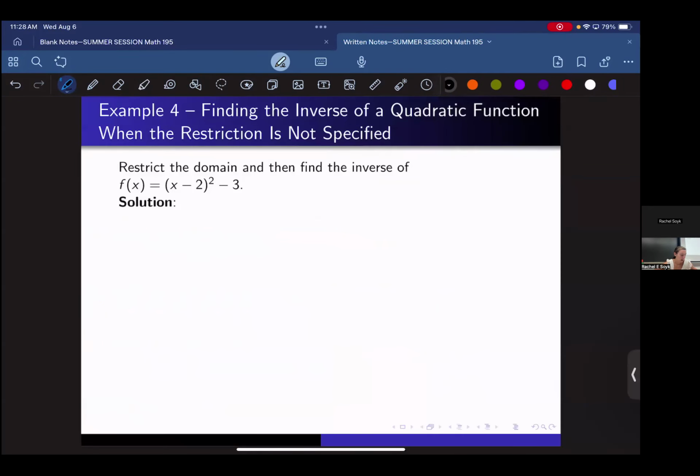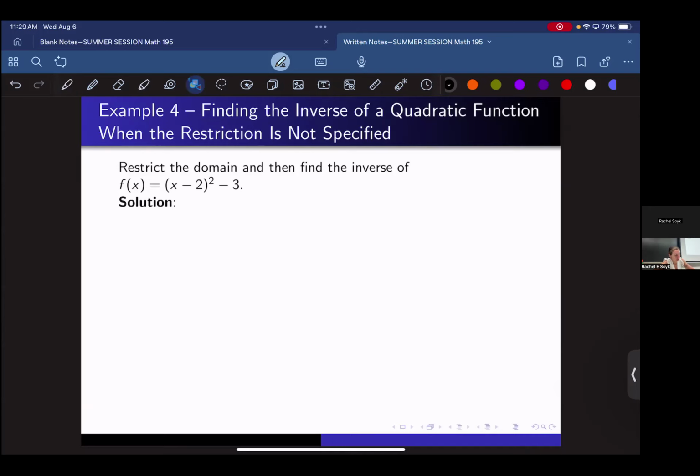Let's do another example. This is going back to what we were practicing yesterday with finding inverses of functions and restricting the domain. We have a quadratic function here.